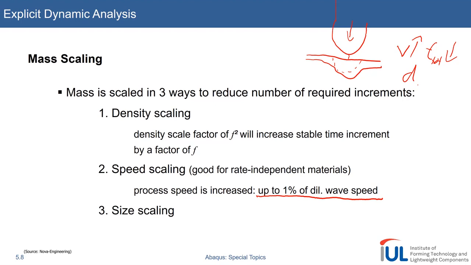So you don't have to divide a second by this amount of delta t, but just maybe 1/10 of a second by the same amount of delta t. So you don't change anything with your delta t, but rather your t tot, your total time that you need to simulate. But at some point, even if you assume rate-independent material model responses, you will see dynamic effects.